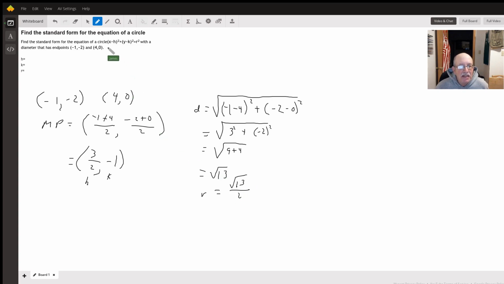So we plug that into our equation for a circle, and we get x minus 3/2 squared plus y plus 1, because minus a -1 is the same as plus 1 squared, is going to equal the square root of 13/2 squared, which is going to be 13 over 4.